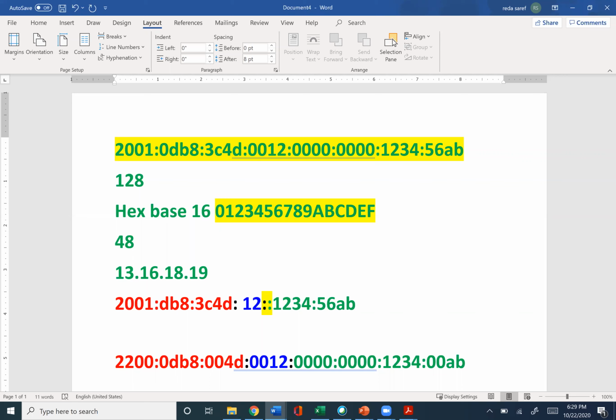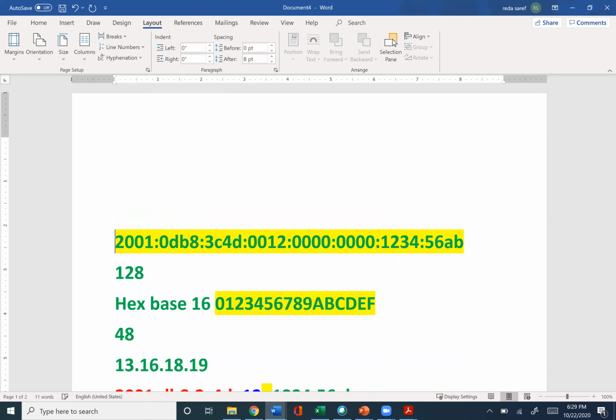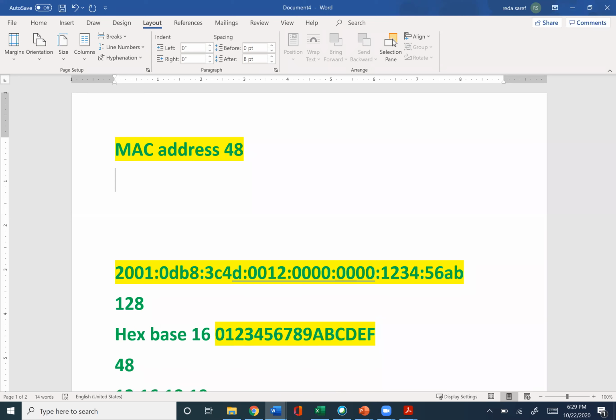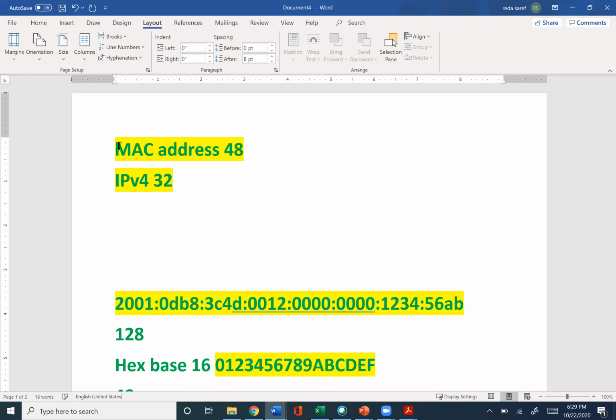Guys, come on, you have to remember this very well. MAC address is 48 bits. You should know this by heart. IPv4 is 32 bits. IPv6 is 128.